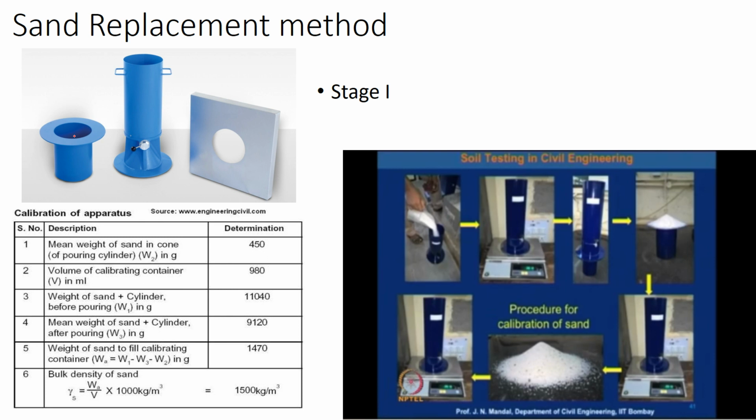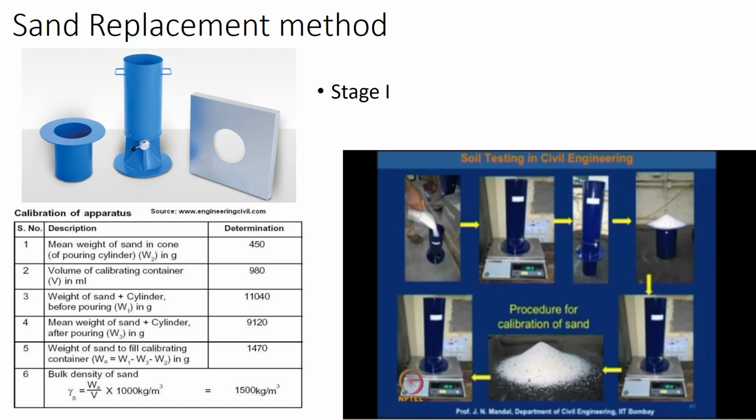The motto of this: see, what is density? What is density actually? Weight by volume. You are finding the density of sand. You want to know the weight of sand filling this volume of the container. The volume you are calculating by knowing the measurements. Then you find the weight of sand required to fill this volume. If that volume is being filled with a cone inside, then it will not be a proper volume.